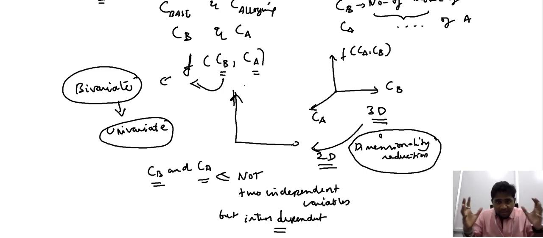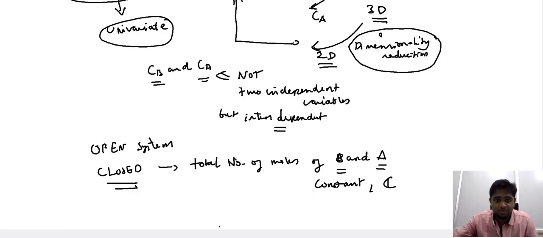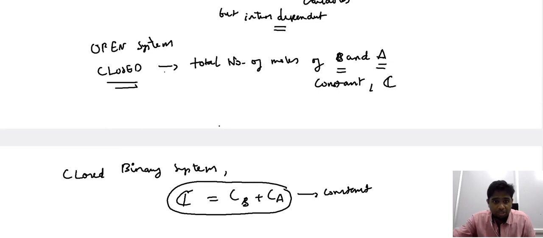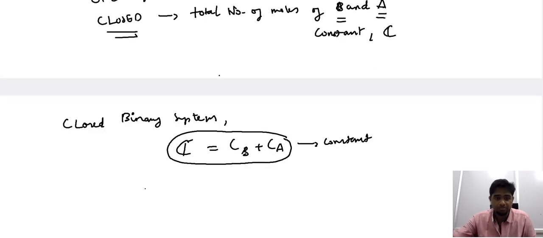Now, we are narrowing down, using our knowledge of thermodynamics and the definition of the system, and we are considering a specific system. That specific system is a closed binary system. When we have a closed binary system, it means the sum of the number of moles of the alloying element and the base metal is always constant, because in a closed system no mass transfer is permitted.